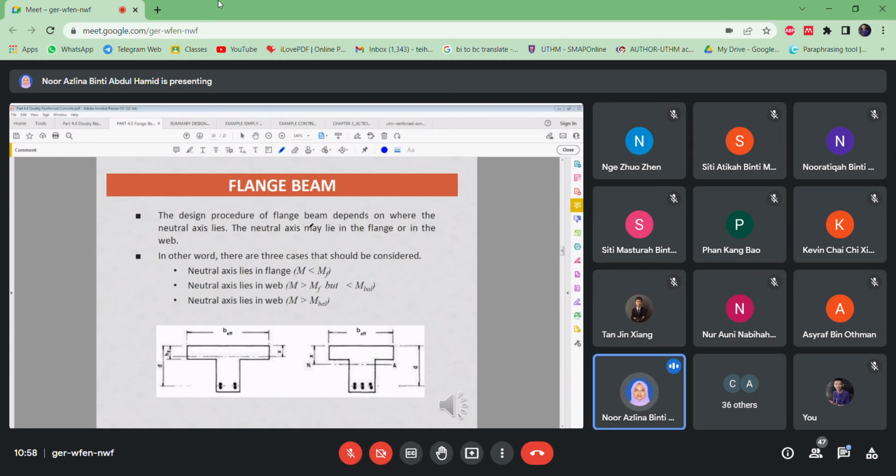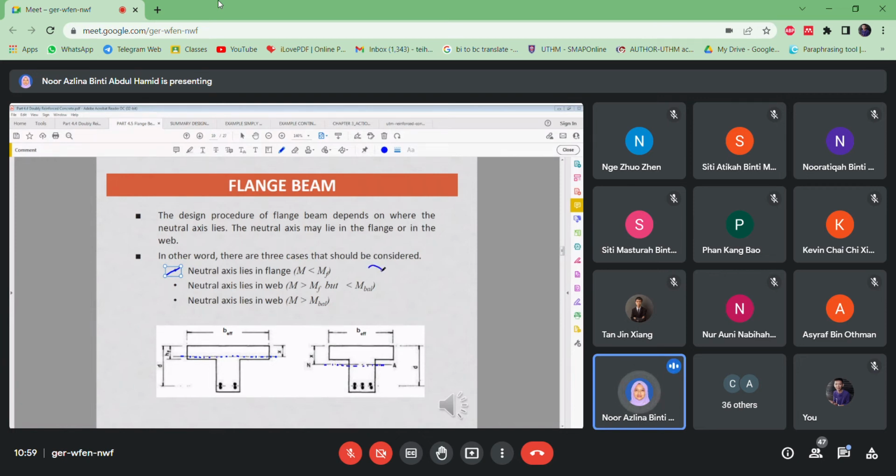For the flange beam, it depends where the neutral axis lies. Kat mana position neutral axis? Because we have a flange section and also we have a web section. So in the case of neutral axis lies in flange, okay? So neutral axis tu dekat flange. Ataupun neutral axis lies at the web here.